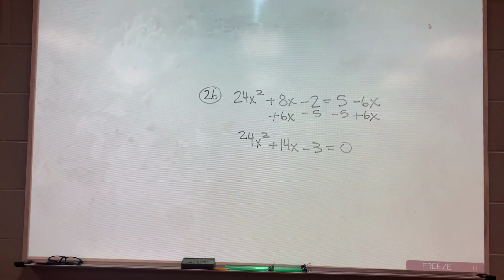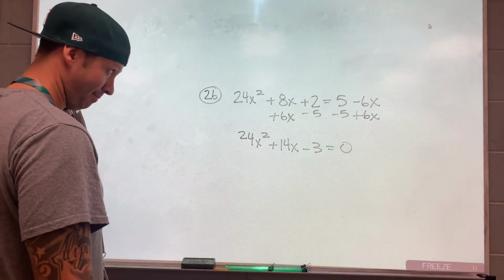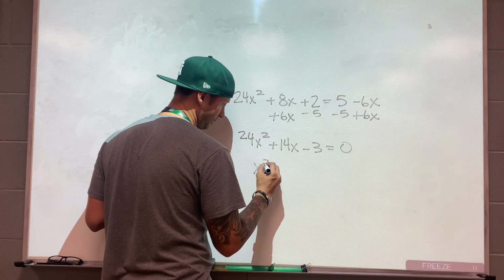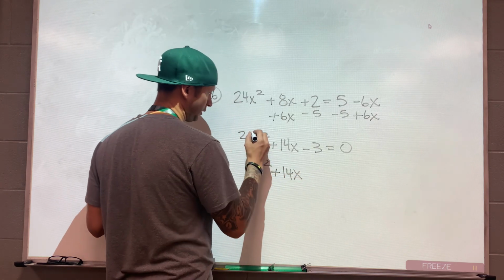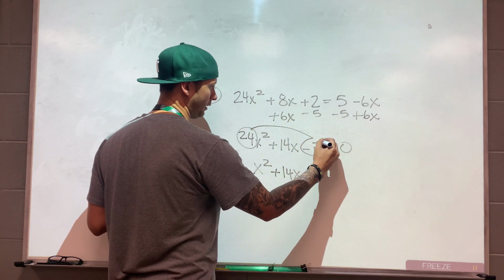Okay, there's no perfect square situation. We're going to have to multiply. Can we pull out a 3? No, because 14 isn't divisible by 3. Okay, let's do it. So this is going to be x squared plus 14x. Just so you're following, I'm multiplying these two.